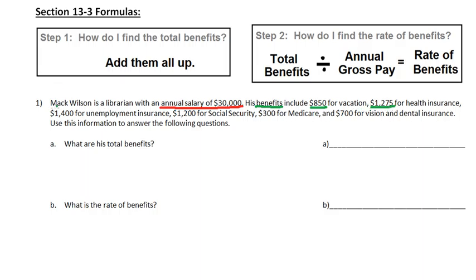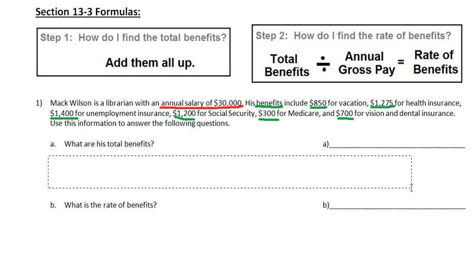They're going to help him with unemployment insurance. That's something that companies have to pay, just like Social Security and Medicare. And so those all have their own values. And then they're also going to hook him up with $700 worth of vision and dental insurance. So all of these are benefits that Mac Willison receives for working at his company. Let's use this info and start working on these questions.